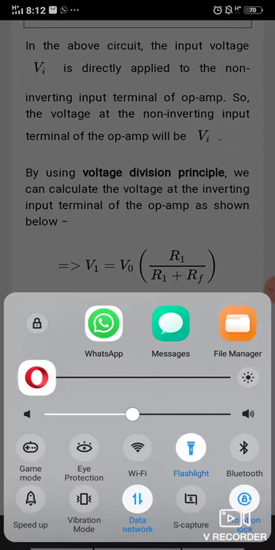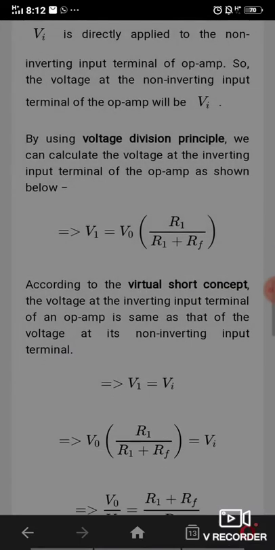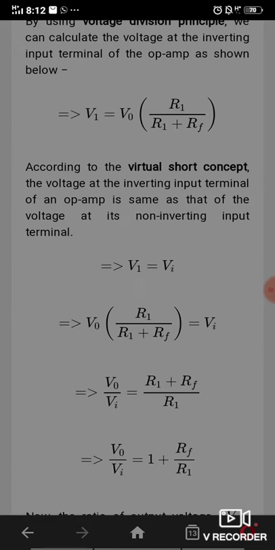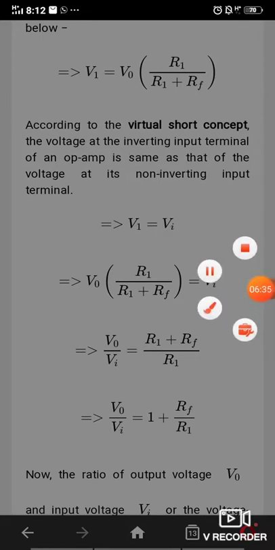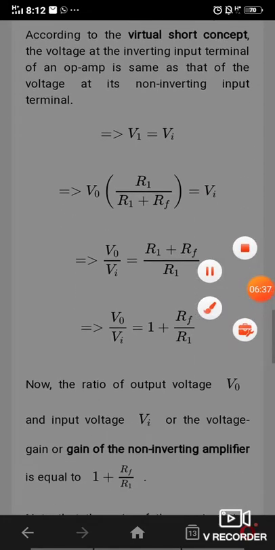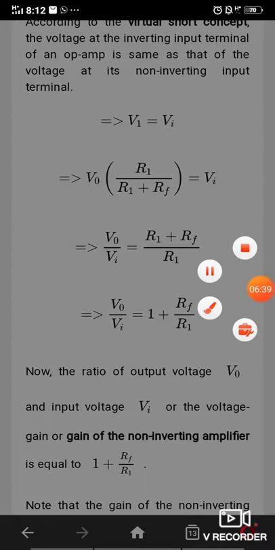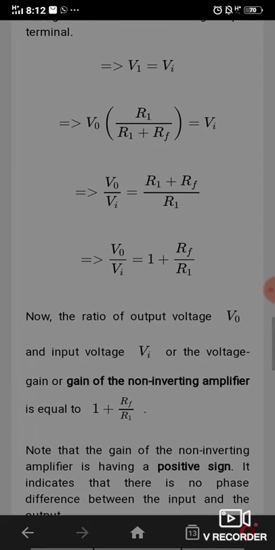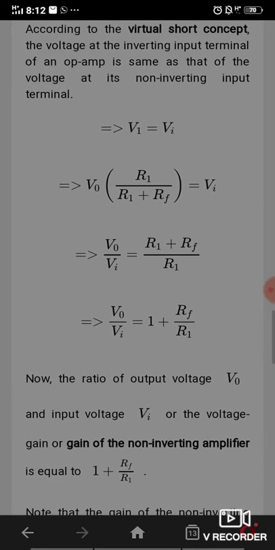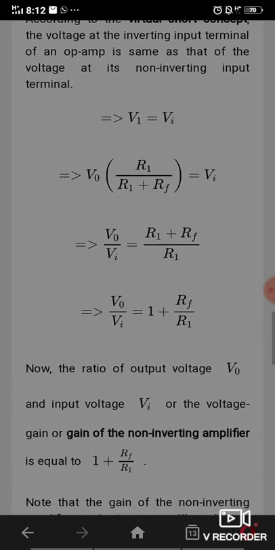So V1 equals Vi. Vo equals Vi times (R1 plus Rf) upon R1. Vo upon Vi equals 1 plus Rf upon R1.